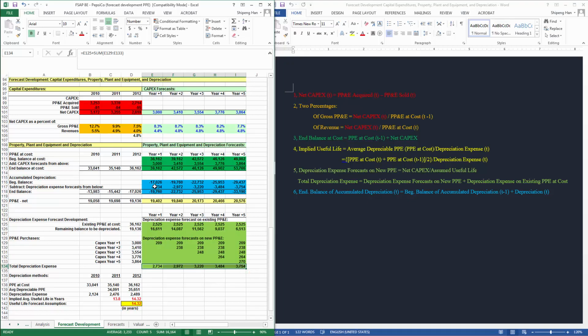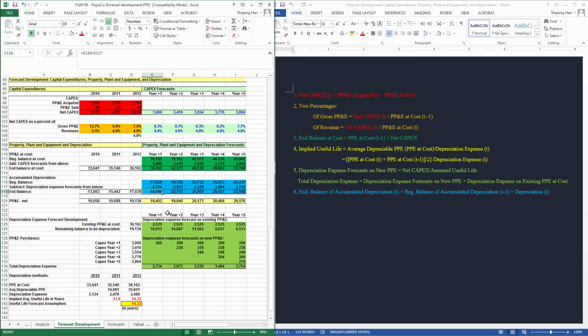So we can apply this number in this row, and then we can determine the balance of accumulated depreciation. Same as property, plant, equipment at cost, the balance of accumulated depreciation equals the prior year balance, the balance of 2012, plus the new depreciation.